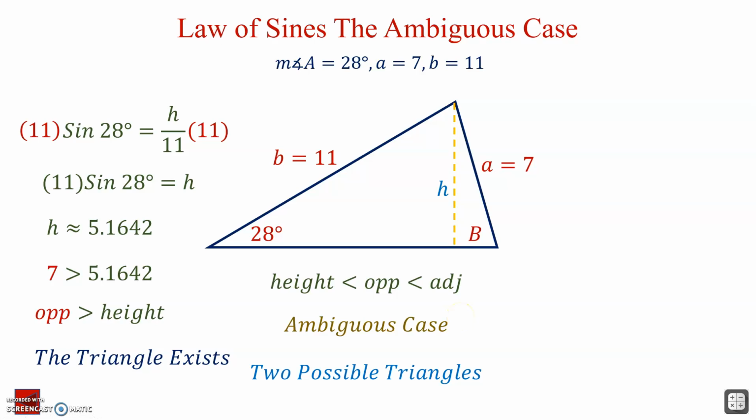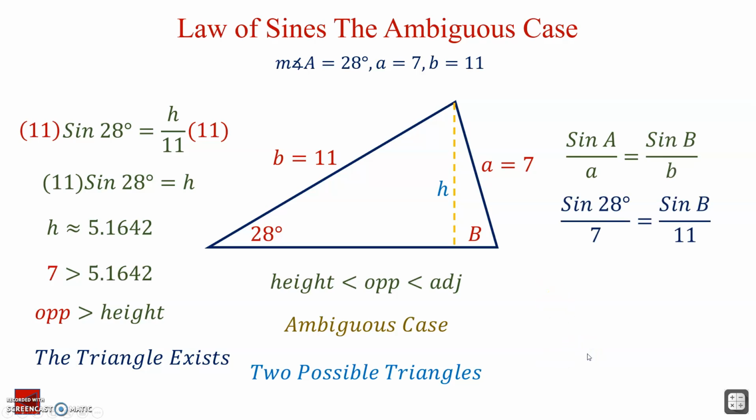So let's go ahead and find the first triangle, meaning let's find angle B using the law of sines. Sine A over a equals sine B over b. Substituting the values in, solve for sine B by first multiplying by 11 on both sides. To get B by itself, we'll use inverse sine on both sides.